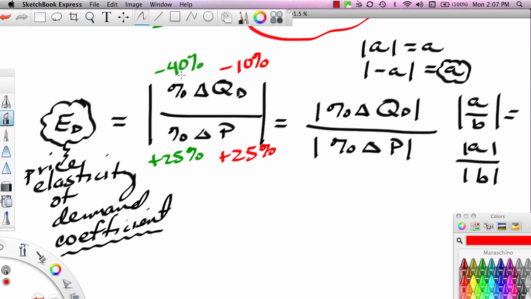If the numerator is greater than the denominator, this has to be greater than 1. If the numerator is less than the denominator, this has to be less than 1. That's going to be a key idea moving forward. Of course, there's a third possibility. If the numerator equals the denominator, if a number is divided by itself, then ED equals 1.